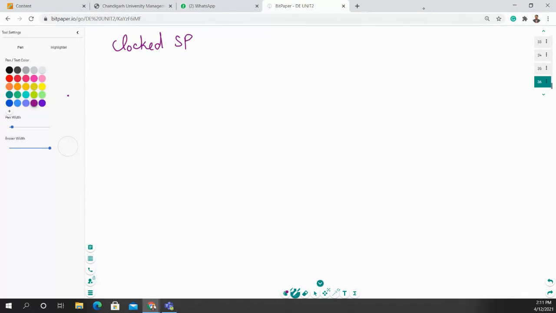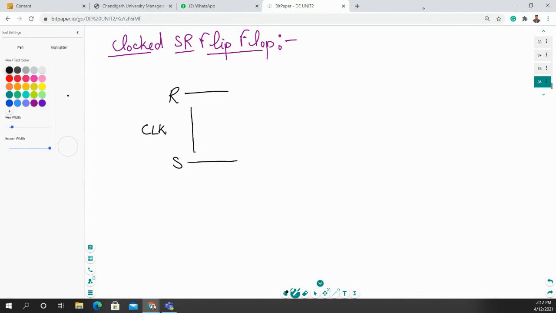Clocked SR flip-flop has two inputs. First input is R, second input is S, and one clock signal you have to provide. Okay, when this particular clock signal is provided, then your circuit has to start. So one R input, one S input, and this clock signal is to be provided to the inputs.